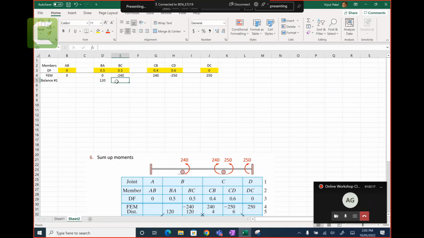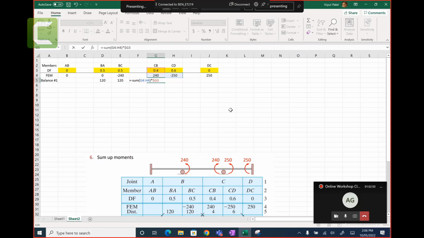It's 120 minus sign sum times by distribution factors, lock them up at 120, 120. Here equal minus sum, these two times by these distribution factors.